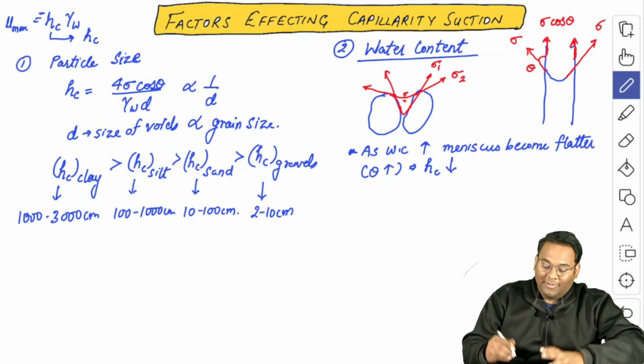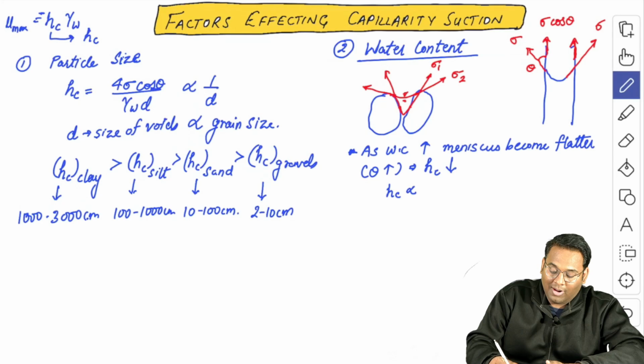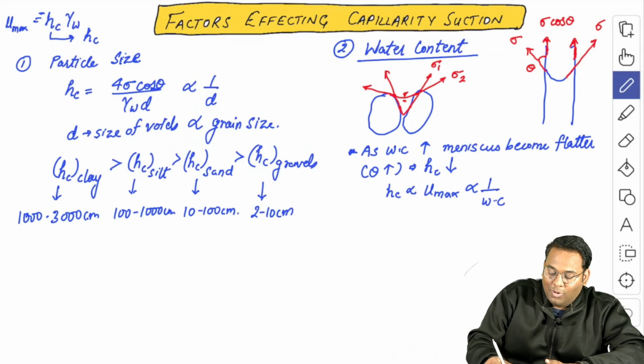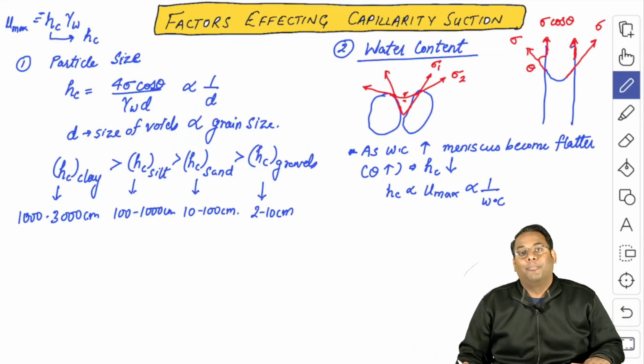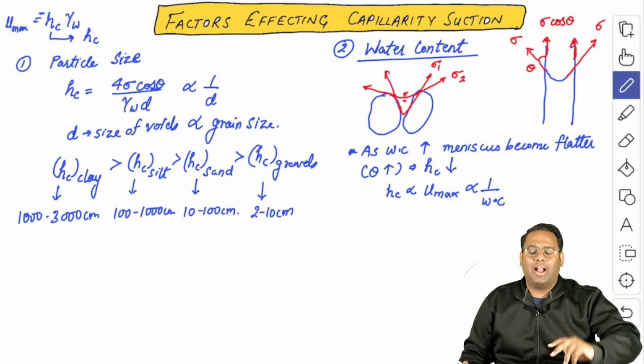Fine. And hence the height of capillary rise, which is also the maximum capillary suction, will be inversely proportional to the water content. The more the water content, the flatter the meniscus, and hence the lesser the height of rise.